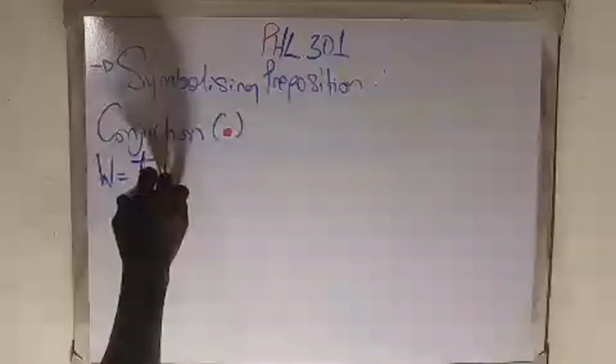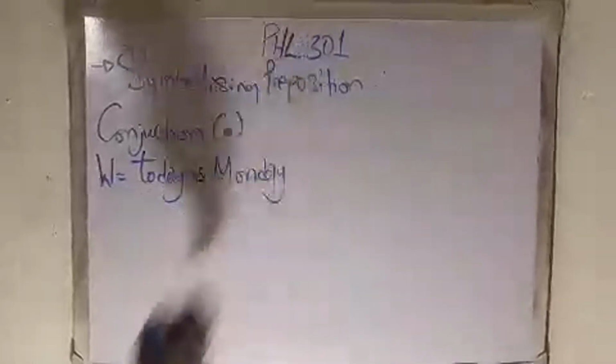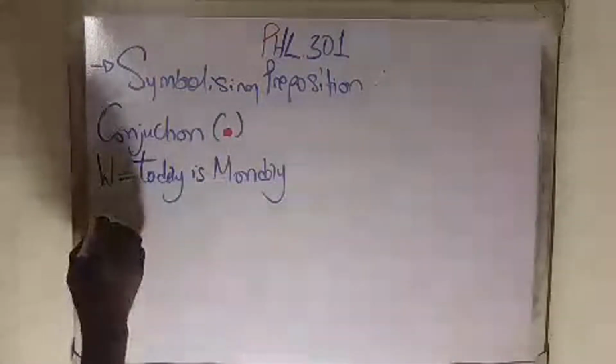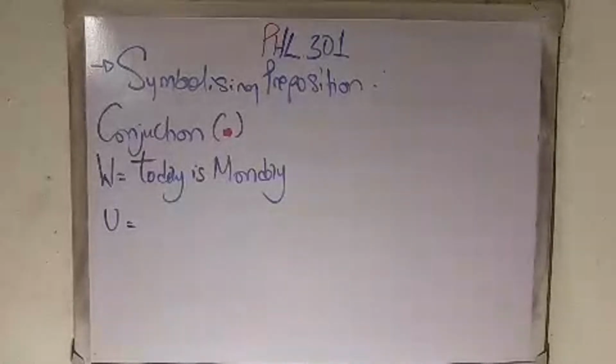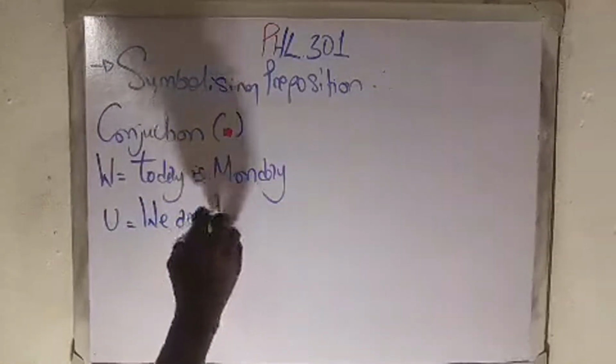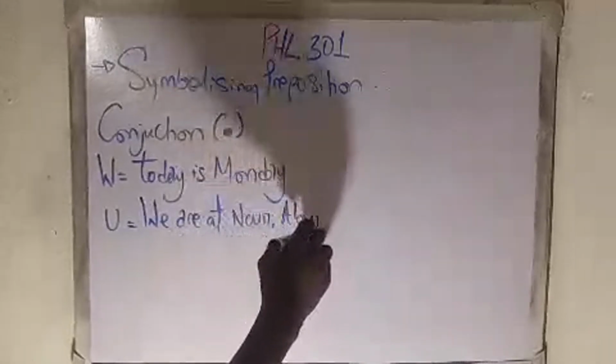Let's use today is Monday, and the letter U represents the proposition we are now at Abuja.